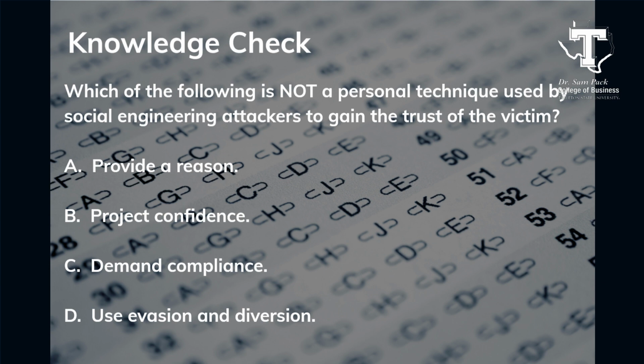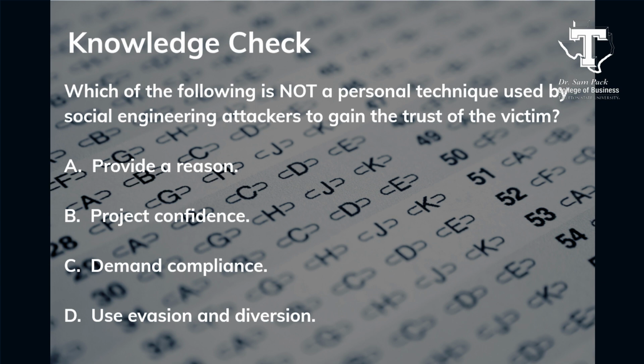B. Project confidence, using a confident demeanor to engender trust, making the victim more likely to believe that the attacker is credible and has the authority to make the request. D. Use evasion and diversion, employing tactics that distract or mislead the victim, diverting their attention from the attacker's true intentions, and thereby easing the process of manipulation.